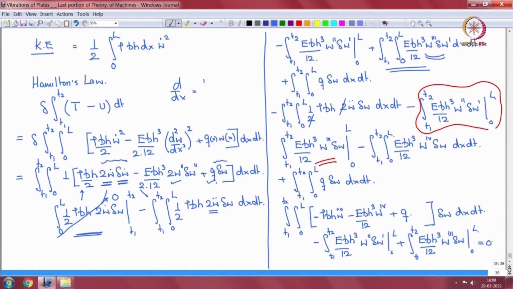I did not put that. So this should be equal to 0, this should be equal to 0, this should be equal to 0.